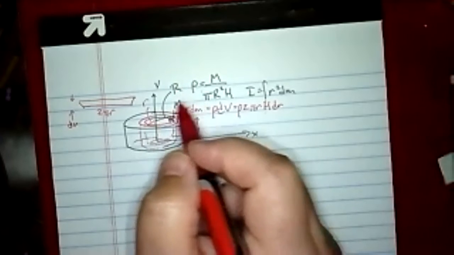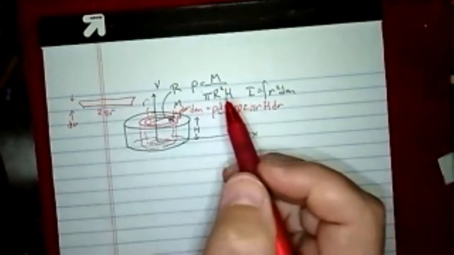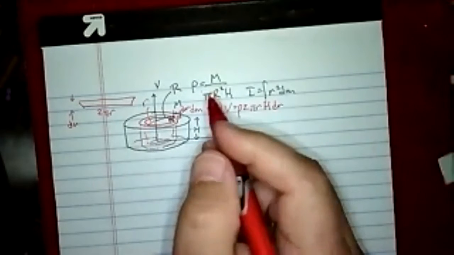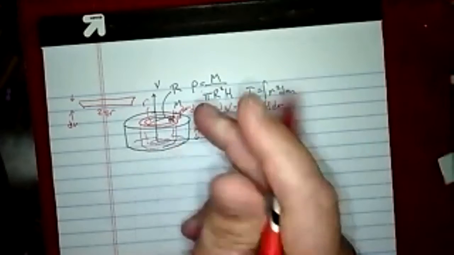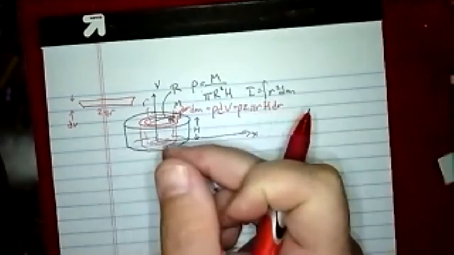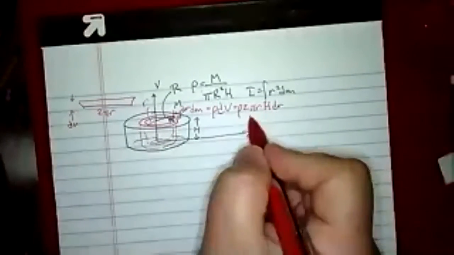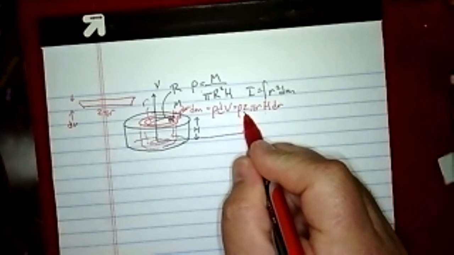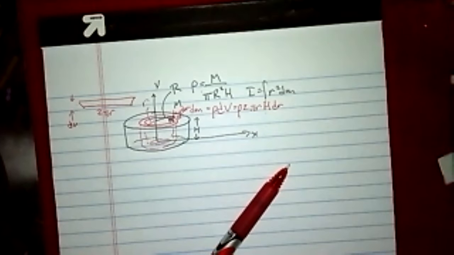You subtract those two, and the only difference is terms of the order of dr squared or even higher. By doing an integral, we're already taking the limit as dr approaches infinitesimally small, so if dr is infinitesimally small, dr squared is even smaller. That's why we're allowed to use this formula. I might in a later video show you how that works, but basically now our dm is rho times 2 pi r times h dr.